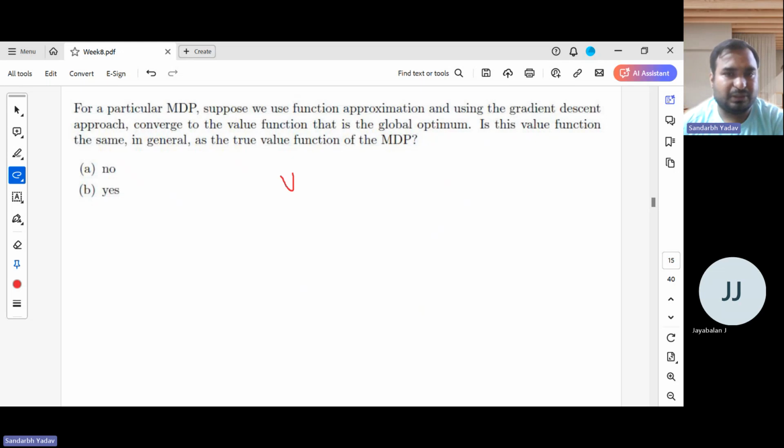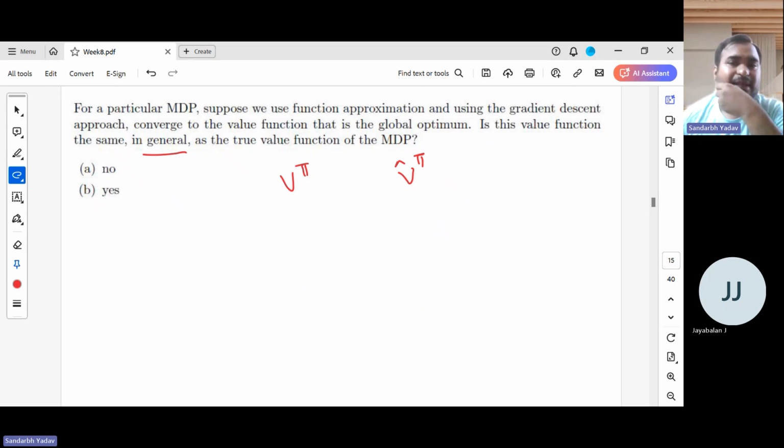Suppose the true value function of the MDP is V pi, and we are using some function approximation and we use gradient descent to converge to a value function that is the global optimum. Suppose this is V cap of pi. So they are asking whether in general these two are the same. Remember when we did function approximation, we compromised on something. We compromised on this closeness, generalization capability basically.